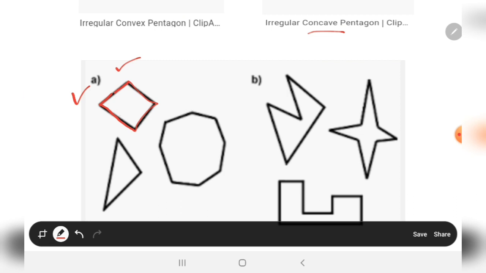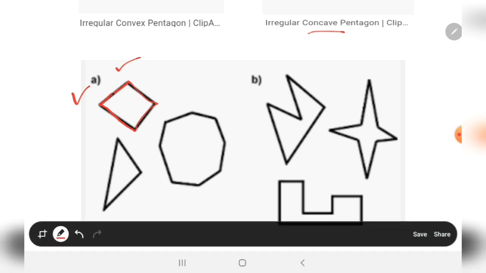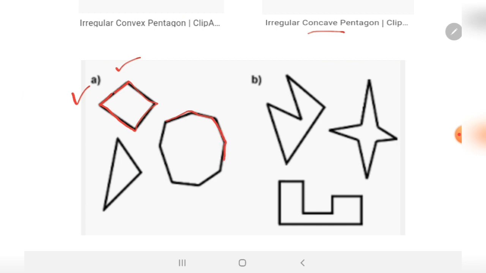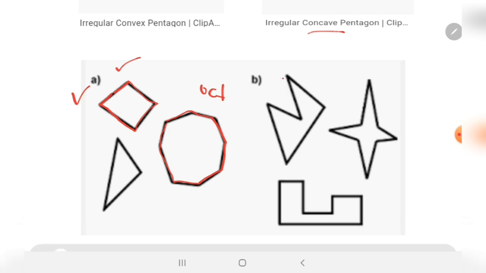That means that this is an irregular, convex quadrilateral. Next, in here, irregular, convex, triangle. In here, 1, 2, 3, 4, 5, 6, 7, 8, octagon. This is an irregular, convex octagon.